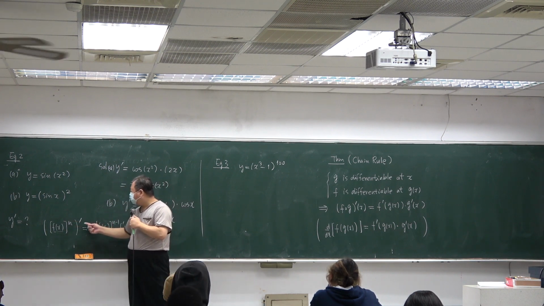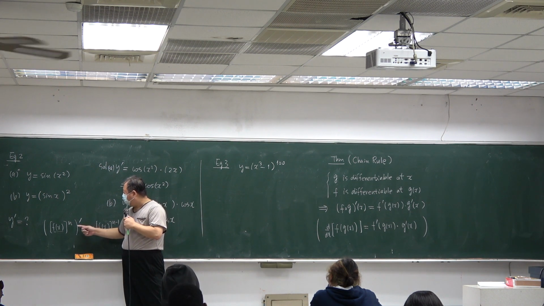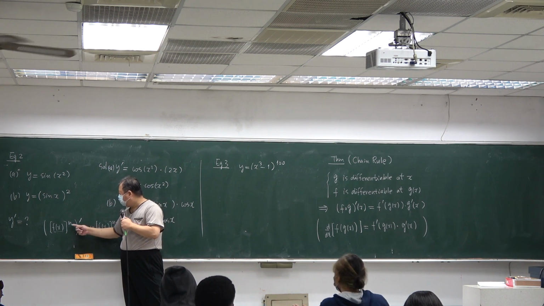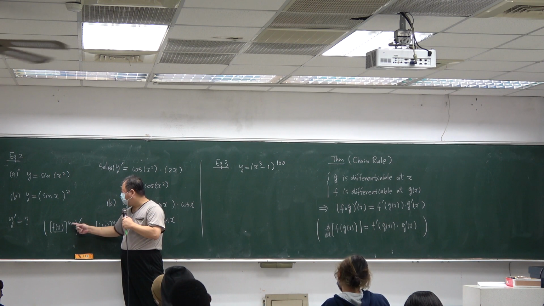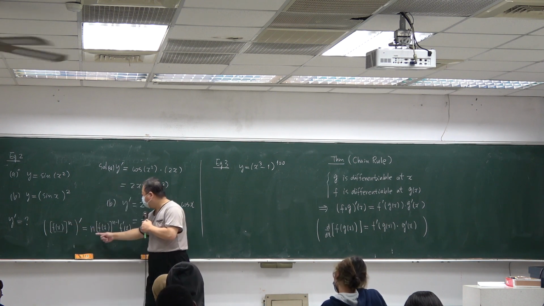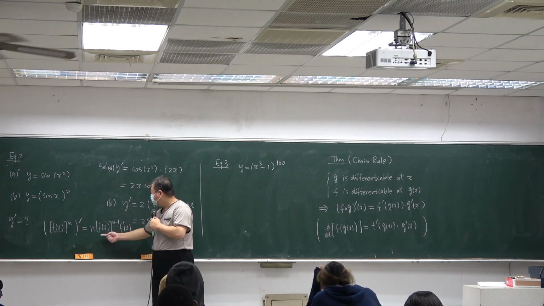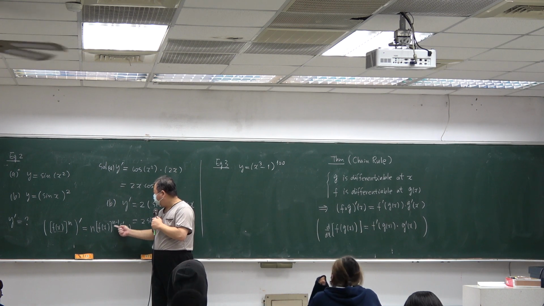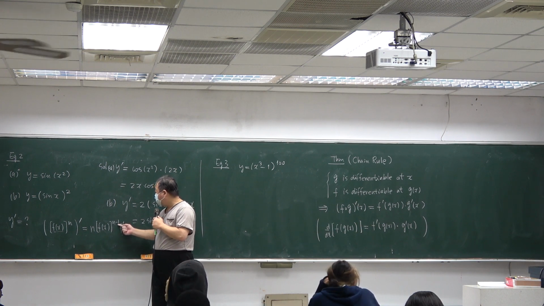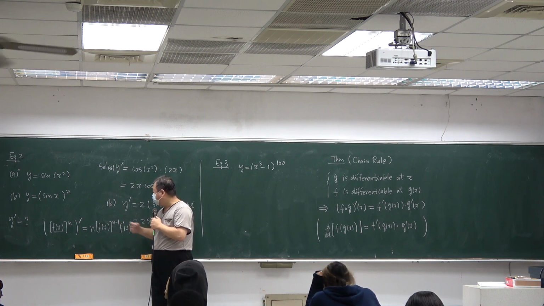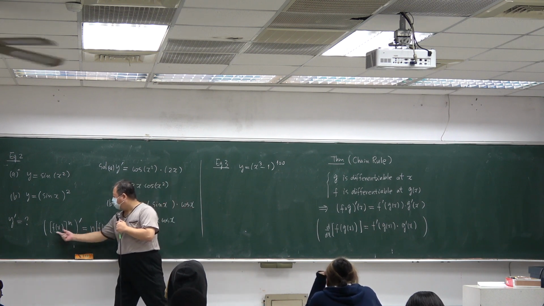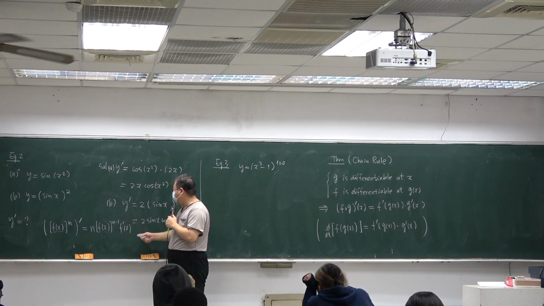So we first differentiate the power function, n times this one raised to the n minus 1th power at this number, times the derivative of the inner one, f prime x.